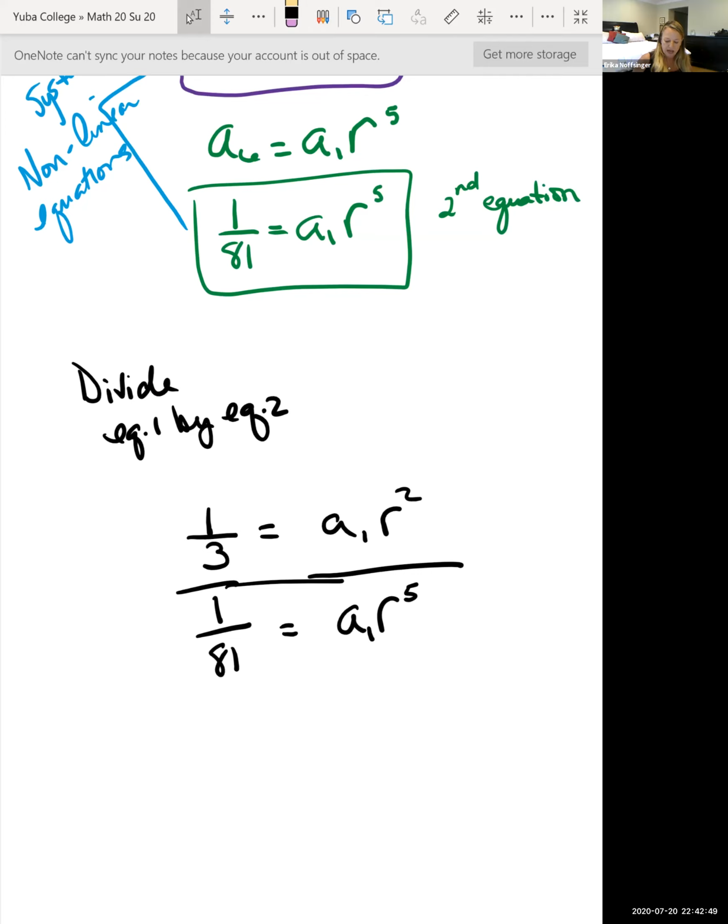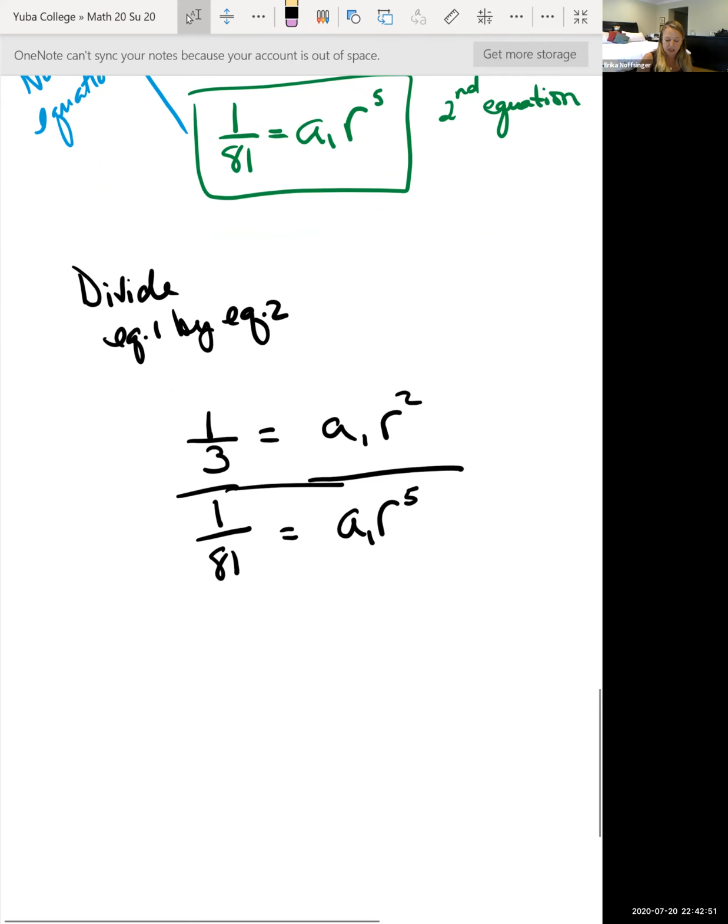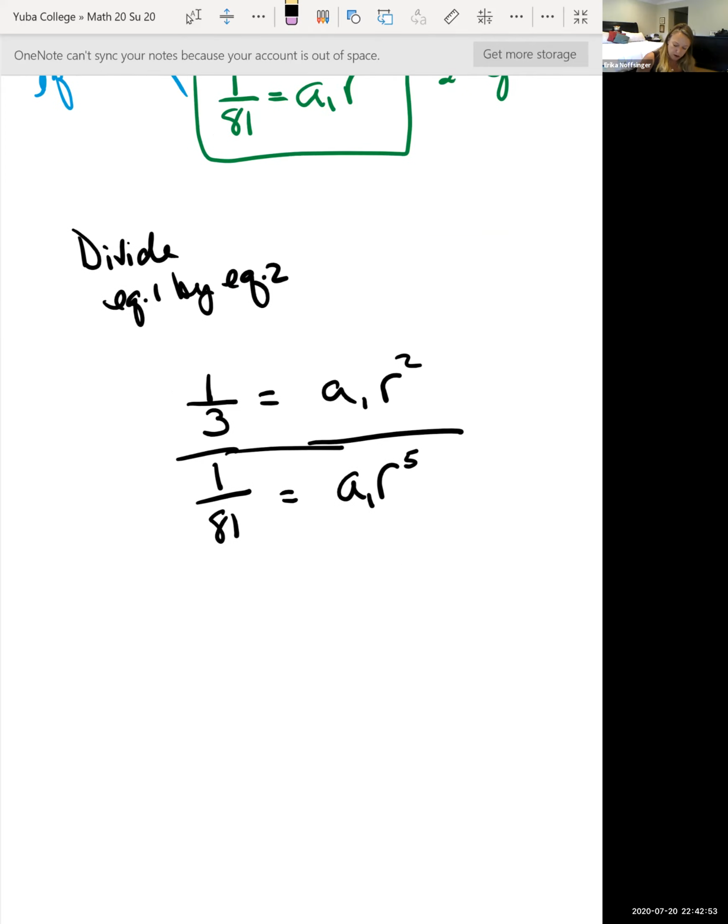So basically we have a complex fraction, 1/3 over 1/81. So 1/3 divided by 1/81 is 1/3 times 81/1 equals, notice our a sub 1's cancel. r squared divided by r to the 5th is the same thing as 1/r cubed.